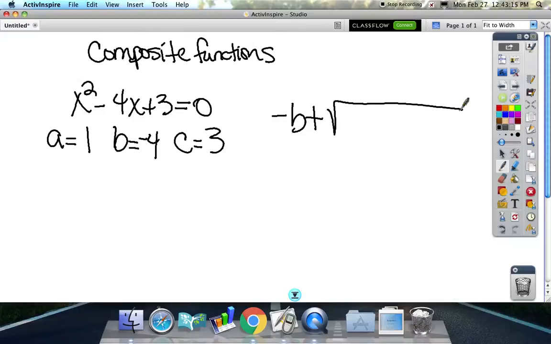Let me see yours. You should have negative B plus. You don't have a plus in there.